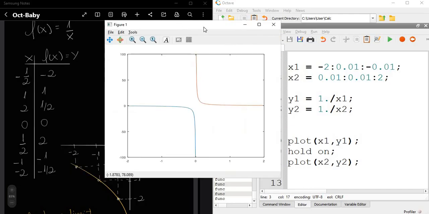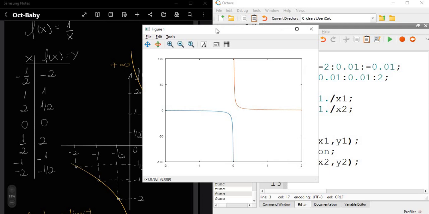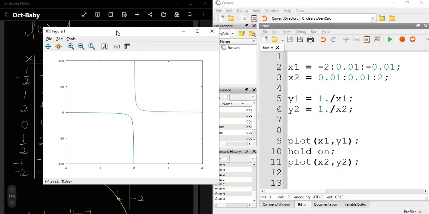Again, signal processing is divided into a good sense of math and also a good sense of programming language. And Octave is a nice tool to start with.